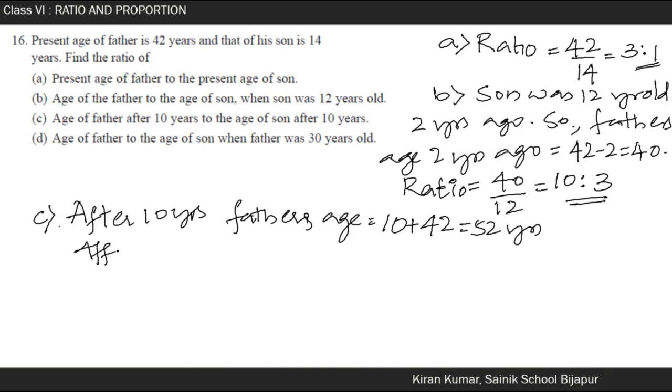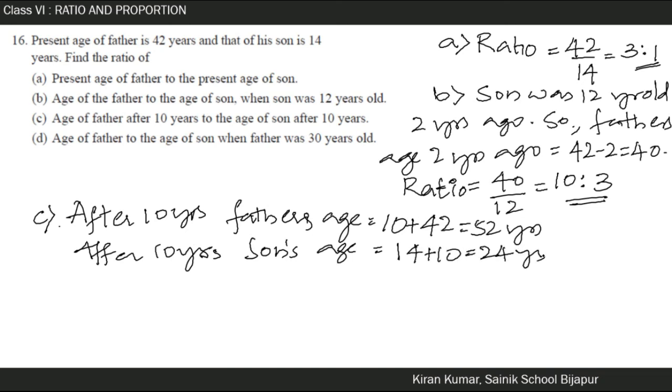And after 10 years, son's age will be 14 plus 10, which is 24 years. Therefore, the ratio is 52 upon 24. Further, when you simplify, you get 13:6 because both are divisible by 4.